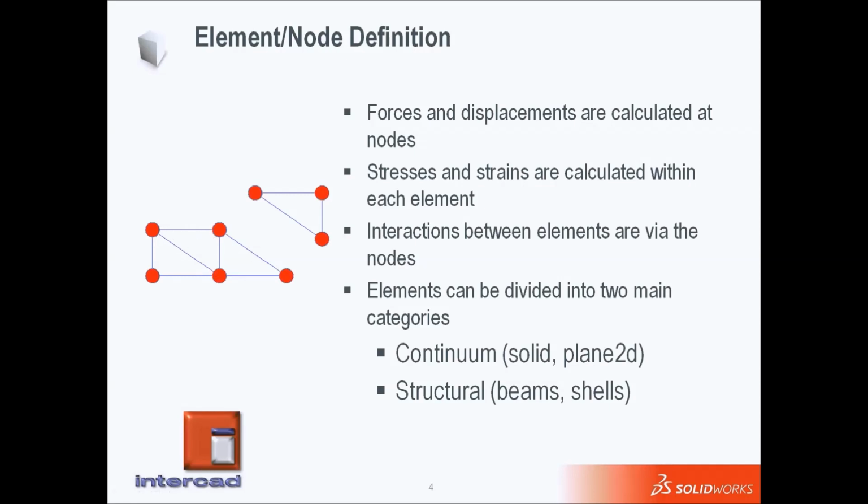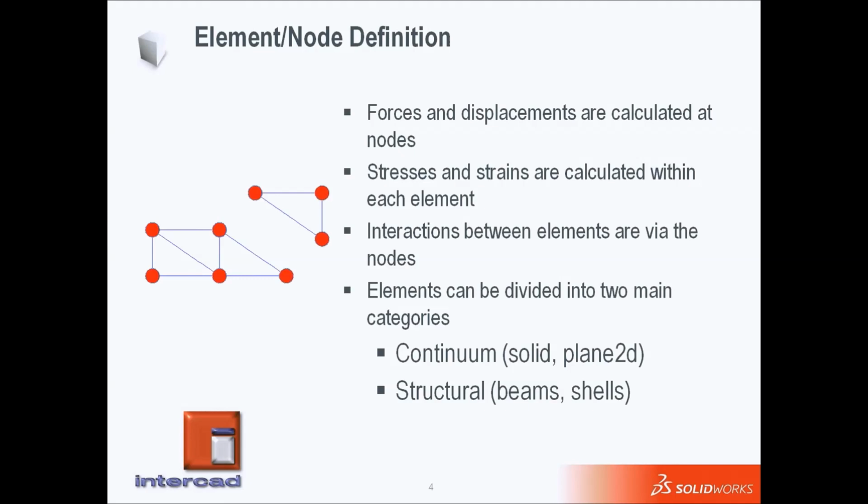In this regard, we can divide the elements into two main categories. The first category is solid elements, or continuum. The second category is structural elements like beam elements and shell elements.